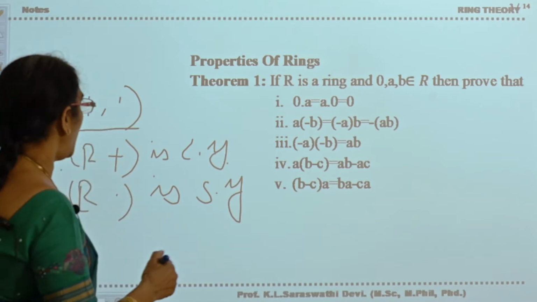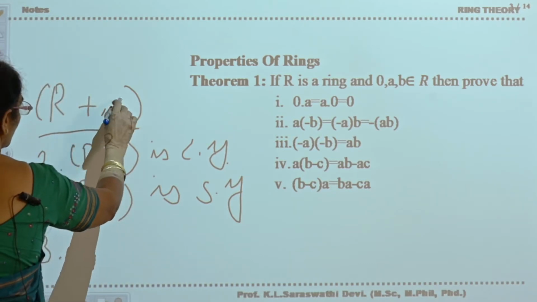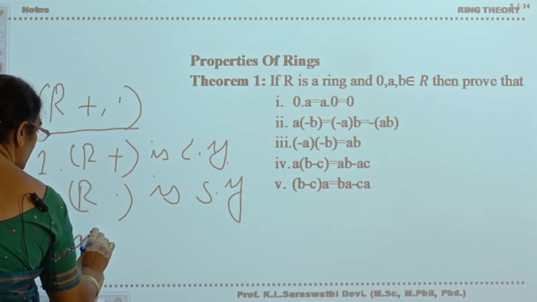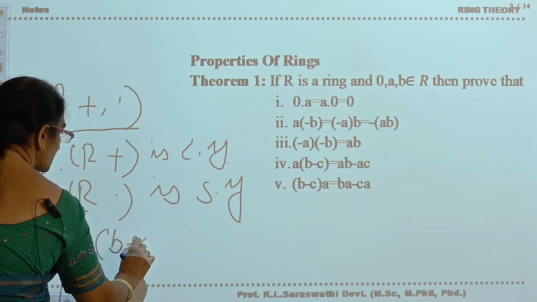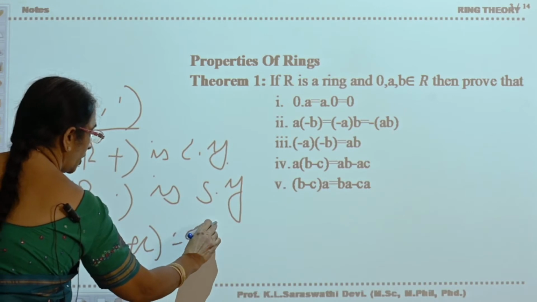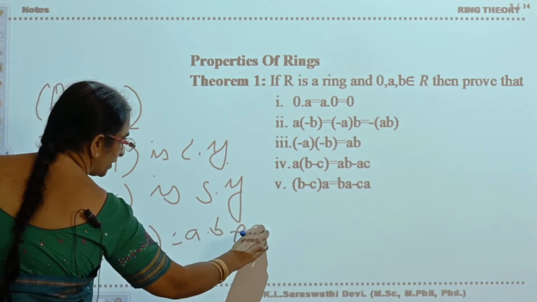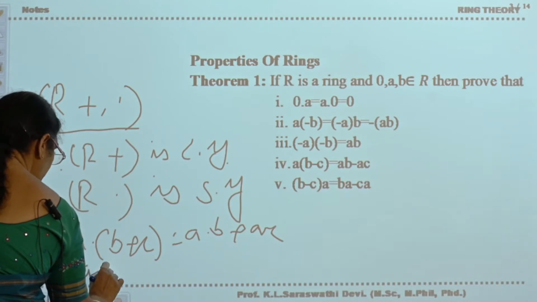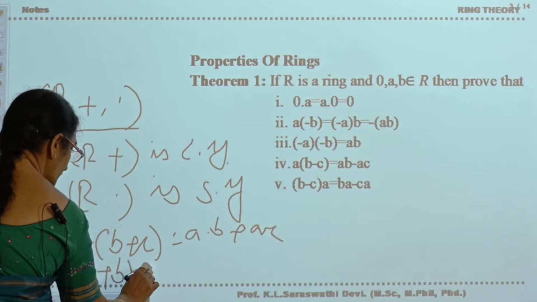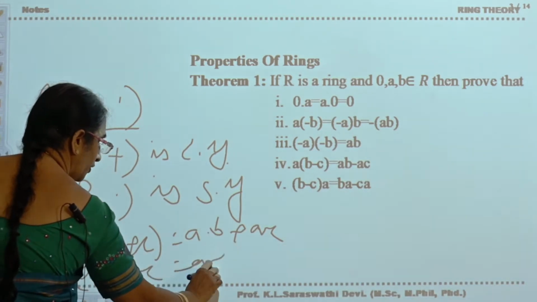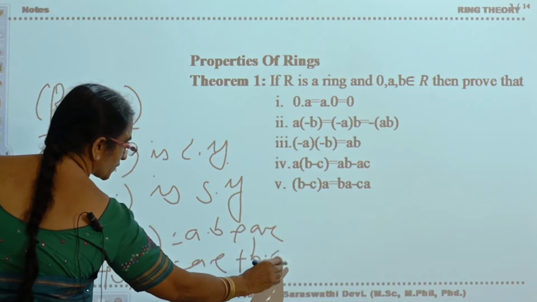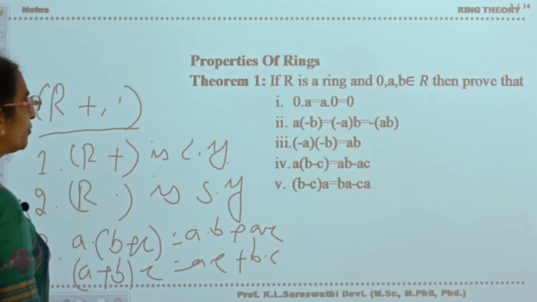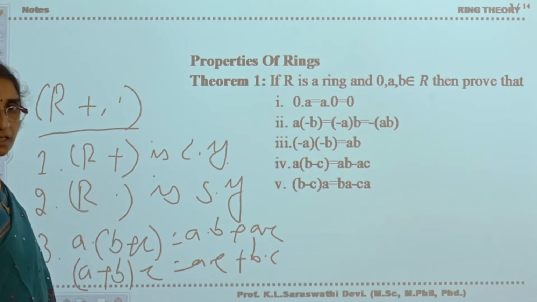That is, plus and dot together should satisfy the distributive laws: a·(b + c) = a·b + a·c. Similarly, (a + b)·c = a·c + b·c. This is the ring. Now we are going to see the properties of rings.